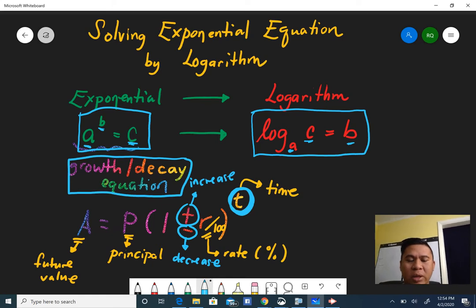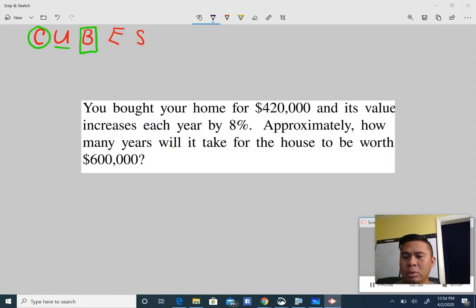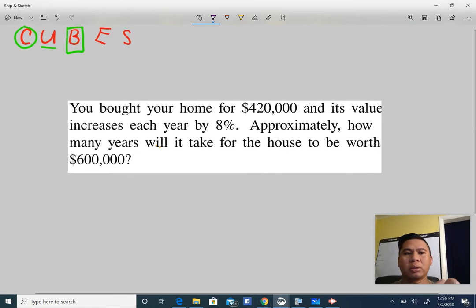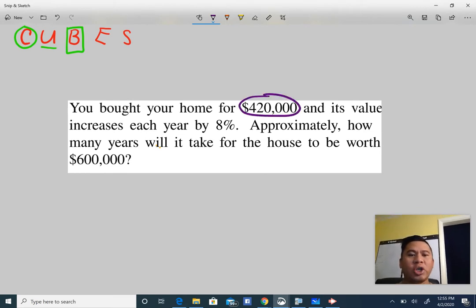Let's read our first problem and use our cubes to analyze it. It says you bought your home for $420,000 and its value increases each year by 8%. Approximately how many years will it take for the house to be worth $600,000?